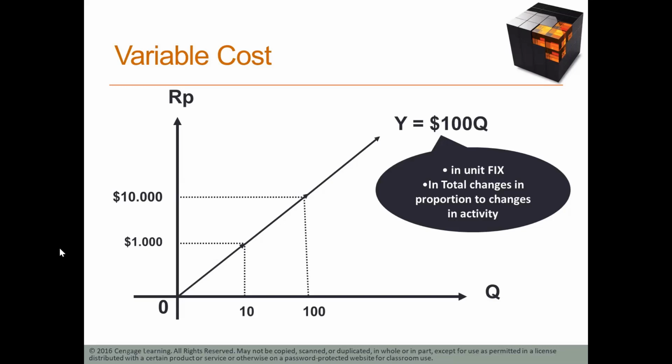Using this example, when the quantity is 10, the total variable cost is 1,000. So 1,000 divided by 10 is 100. That's the variable cost per unit, 100. And we find the same amount by dividing 10,000 by 100. The variable cost per unit is also 100.